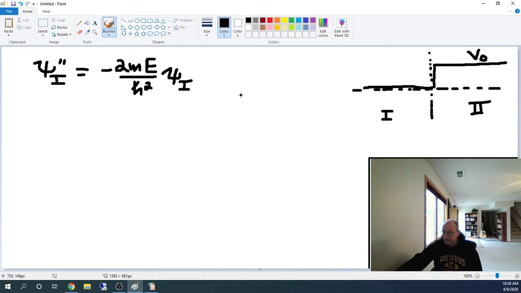This is the free particle. We're going to say that the particle has some particular energy E. We don't know what that value of energy is; let's just say it's an input. I know that this quantum that exists in region 1 has energy E. It is whatever it is. It's unbound, so it could have any energy really.